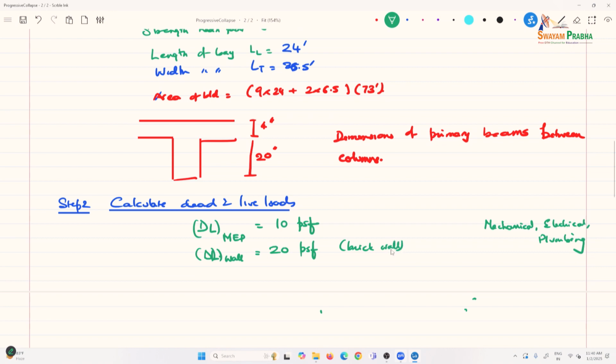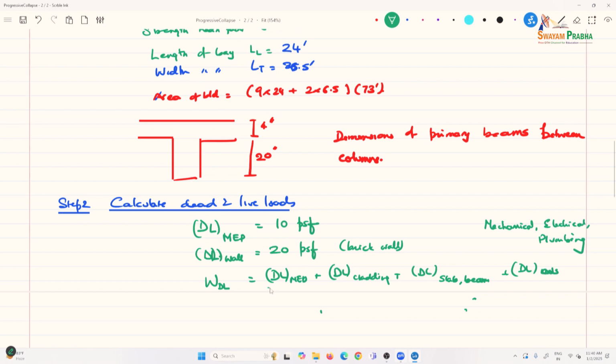The height and the span are the other variables, the thickness is accounted for there. So, the total dead load is the dead load due to MEP plus the dead load due to cladding plus the dead load due to the slab and the beams and the dead load due to columns.